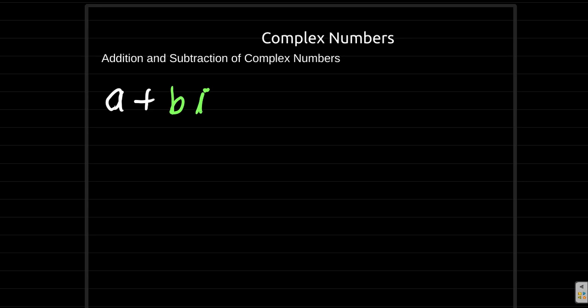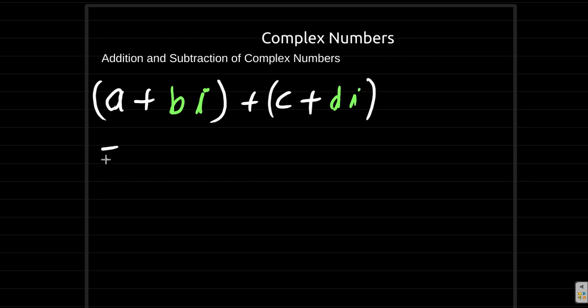Suppose you have that complex number, let's put it in brackets, and you say this is added to c plus di. So what we have are two complex numbers to add.